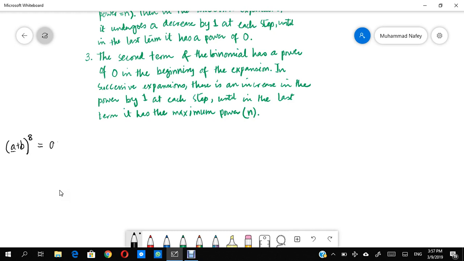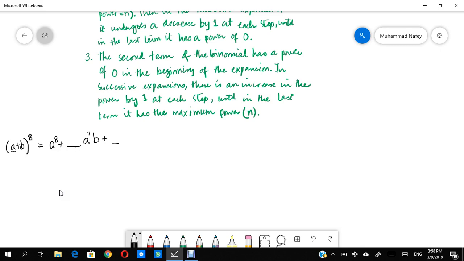So we have a to the power of 8. This is followed by a decrease by 1 in the power of a, and b makes its first entrance. So we have a to the power of 7 and b. I have left the space here for the binomial coefficient.